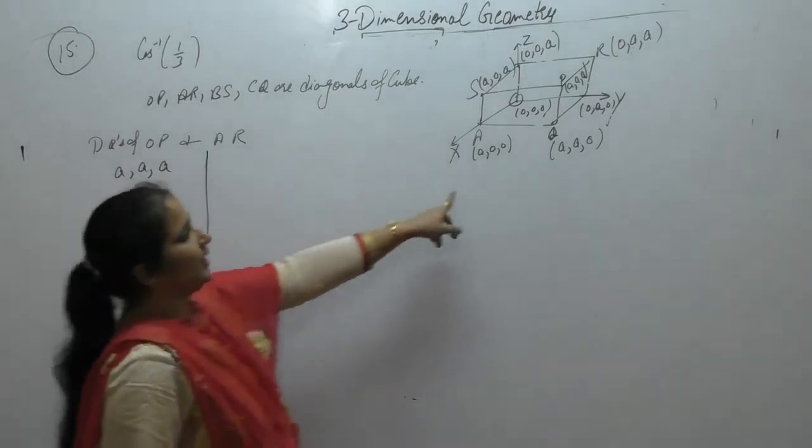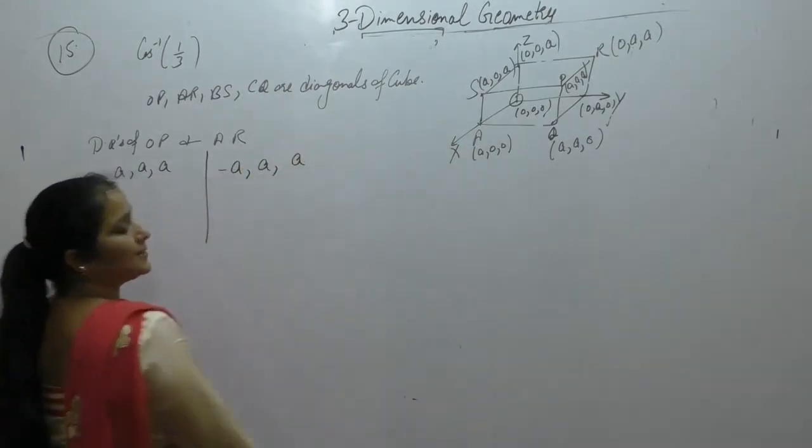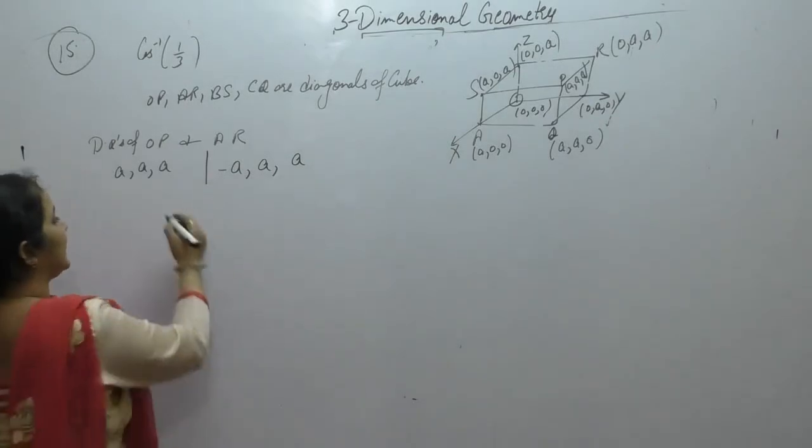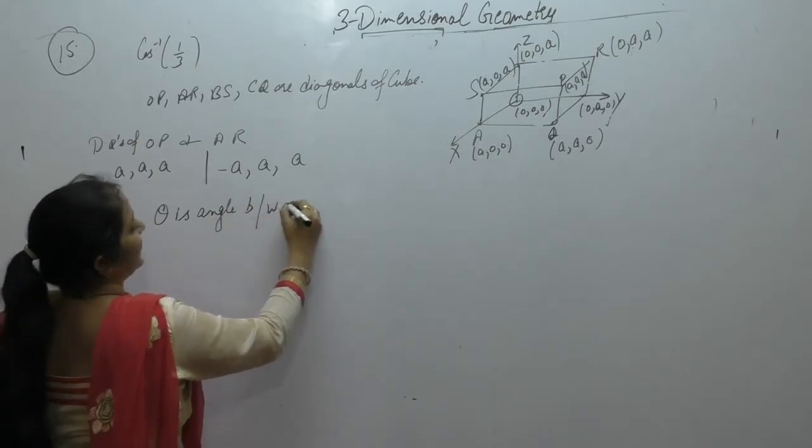The direction ratios of AR are 0 minus a, a minus 0, a minus 0. Let theta be the angle between OP and AR.